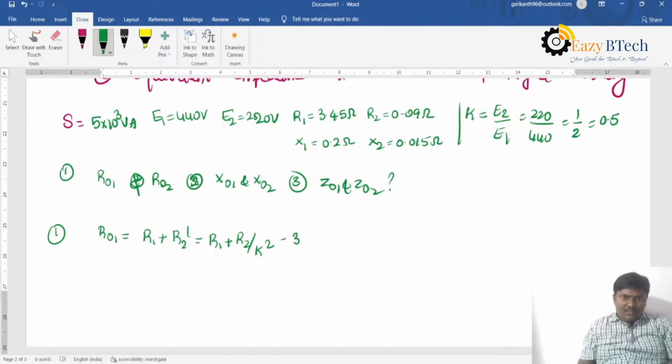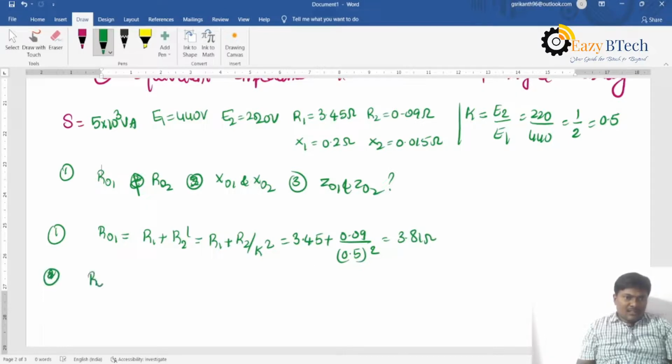So R1 is 3.45 plus R2 is 0.09 divided by 0.5 whole square. Using calc you can solve this, 0.09 by 0.5 square. Then I got it as 3.81 ohms.